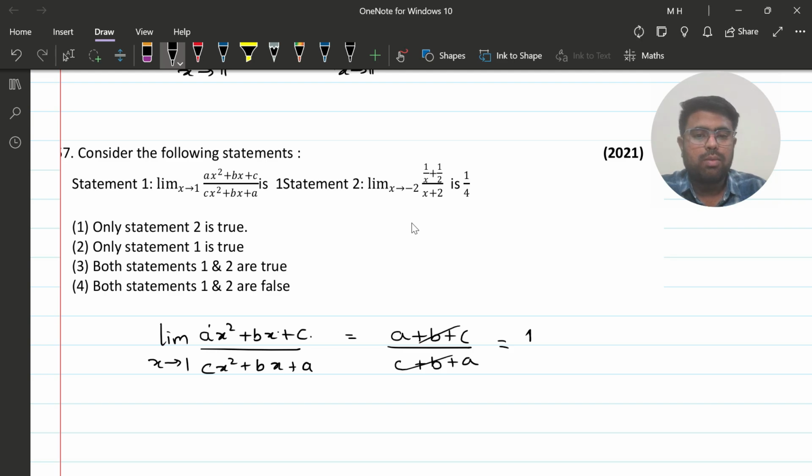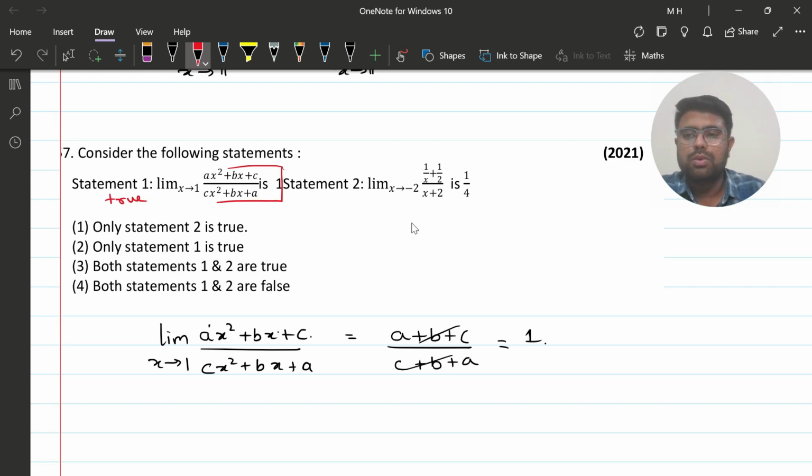I am going to get 1. So they have given that, see, the statement ends here. This is statement 1 and this is statement 2. So it is equal to 1, so therefore statement 1 is true.